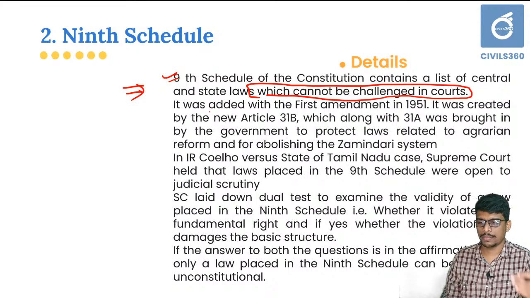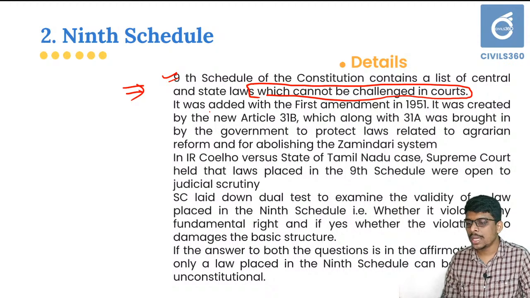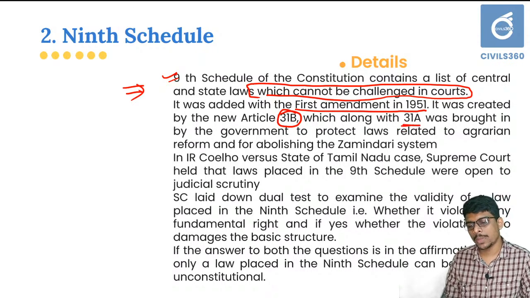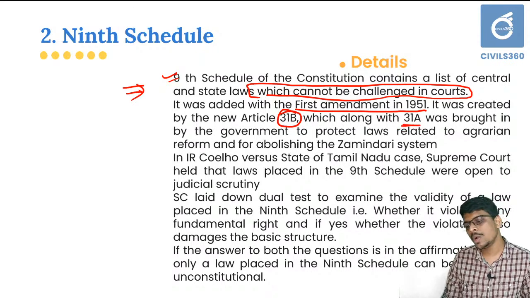The basic idea is that the Ninth Schedule of the Constitution contains a list of central and state laws which cannot be challenged in the courts. It was added by the First Amendment in 1951, which created the new Article 31B along with 31A, to protect laws related to agrarian reforms and for abolishing the zamindari system.